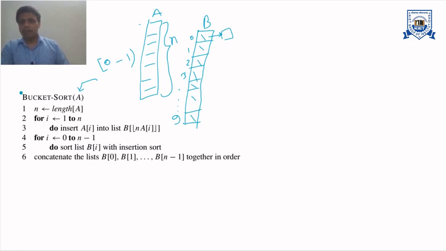Now we pick a number from our list A, and on the basis of the value of this number, we insert this data into the particular bucket. Suppose this data is 0.39, then this 0.39 would be here. Next value is 0.23, then this 0.23 would come here.